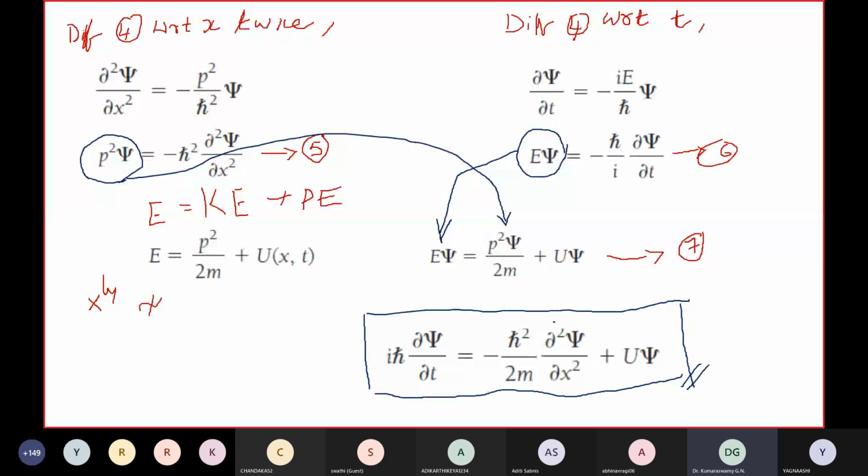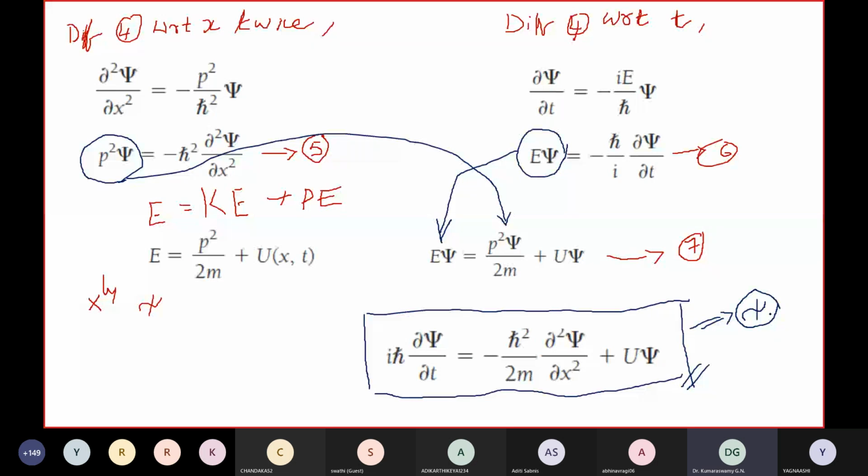In this equation, you put the conditions. When you put the conditions and solve this equation, it gives you psi. The wave function you evaluate out of this general equation is psi, and this wave function has all the information.